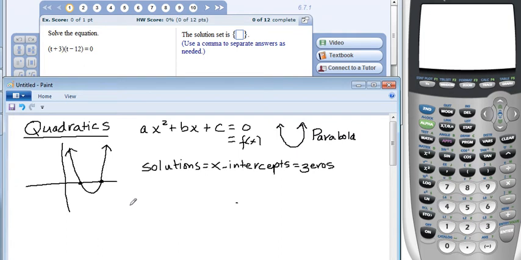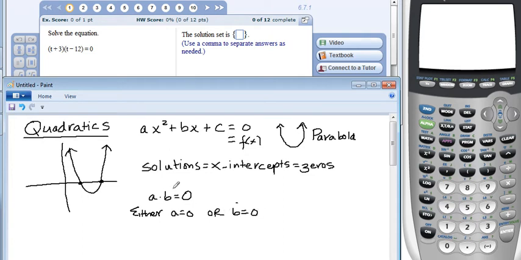And then we need to know also a peculiar property about multiplication and 0. If I have two things multiplied, a times b, and they equal 0, then one of two things has to be true. Either a has to be 0, or b has to be 0.